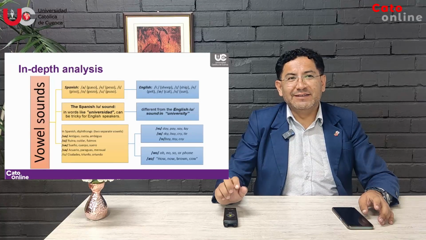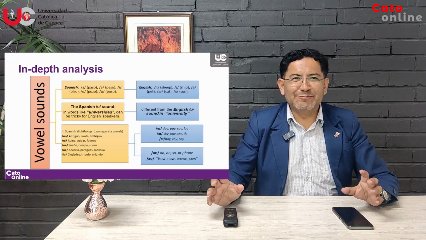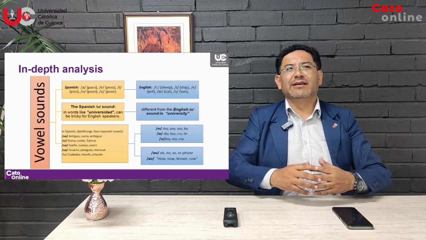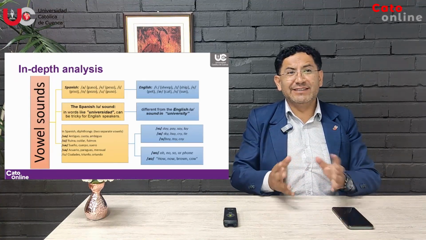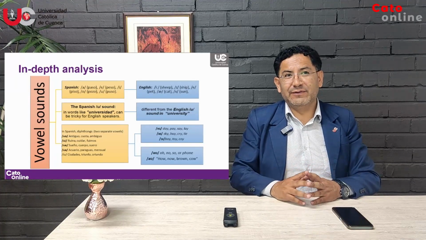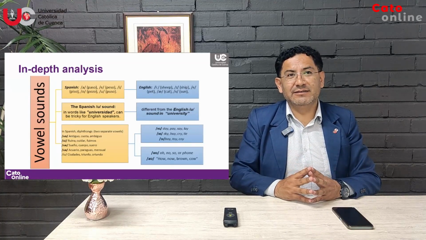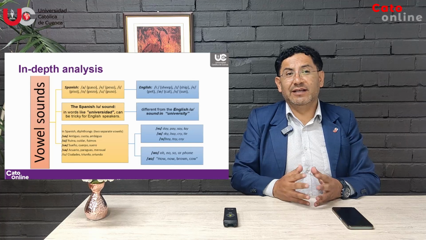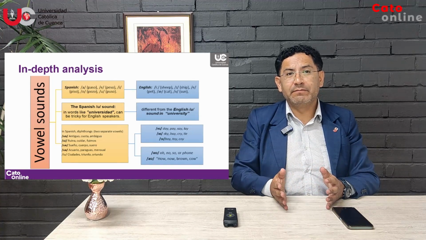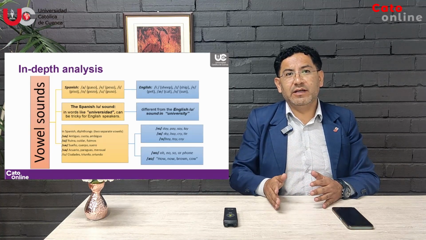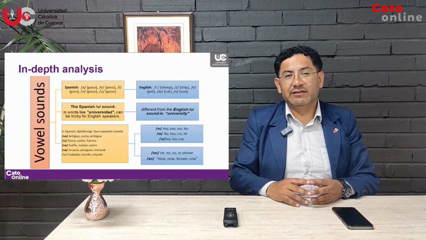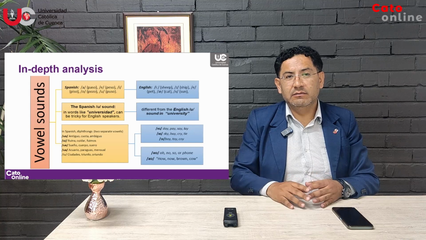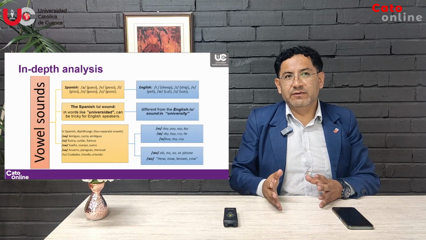But it is important to talk about U, because in English it is a tricky sound for us, for Spanish speakers. For example, we say universidad. Different from English, U, the sound is university, uniform.